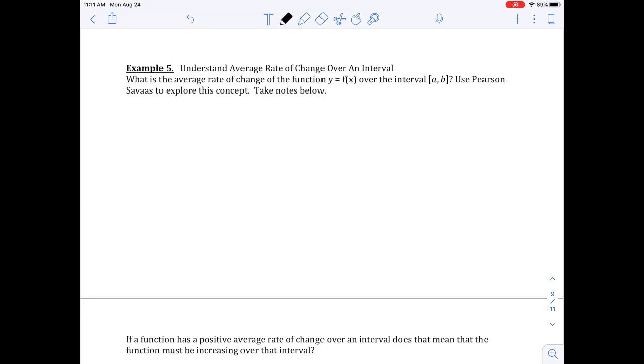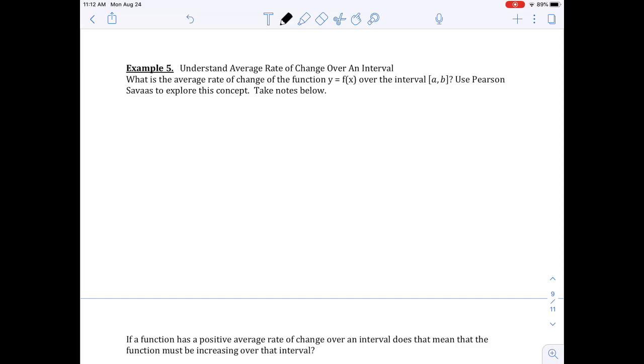All righty. Last topic that we're going to go over is understanding the average rate of change over an interval. So your average rate of change is a ratio. Okay, so first let's write, it says, what is the average rate of change of the function over the interval? Use Pearson Savvas to explore this concept. Take notes below.